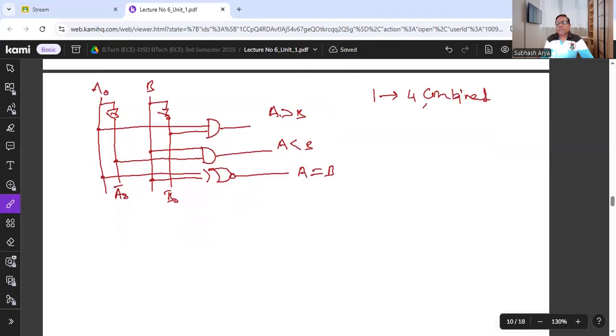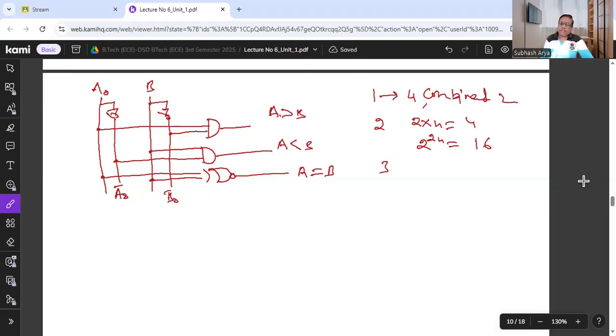If we have to design a 2-bit magnitude comparator, then there will be 2 into n, that is 4 inputs, and 2 to power 2n, that much will be input combinations.